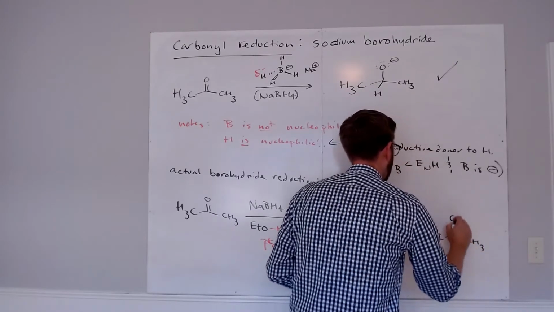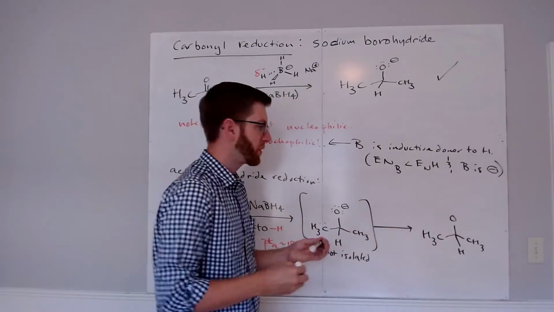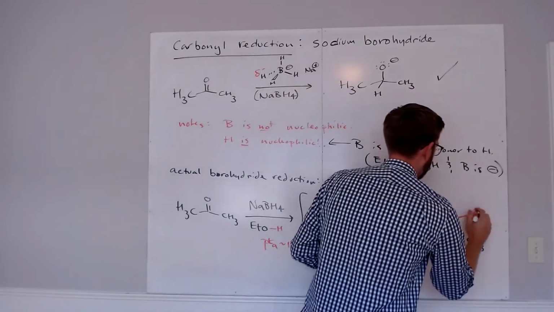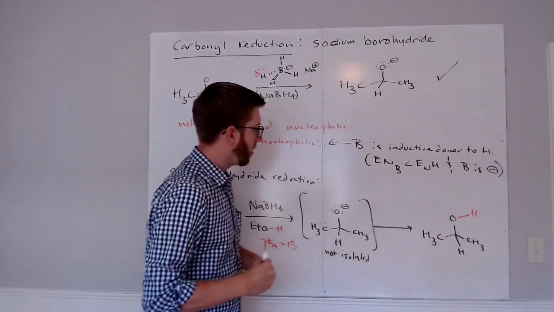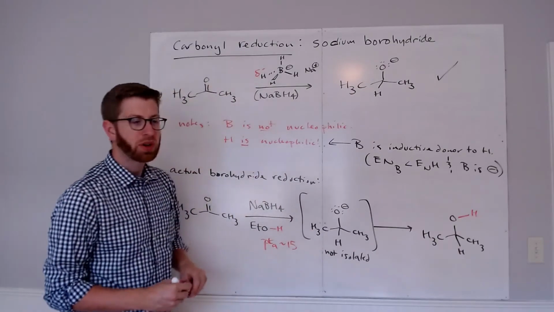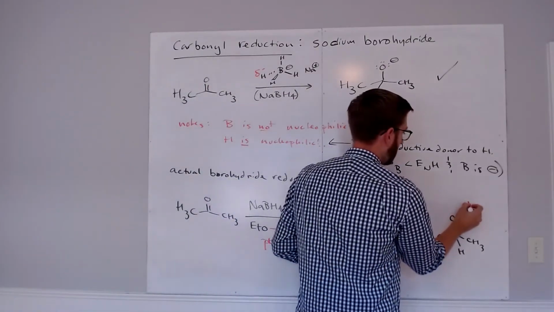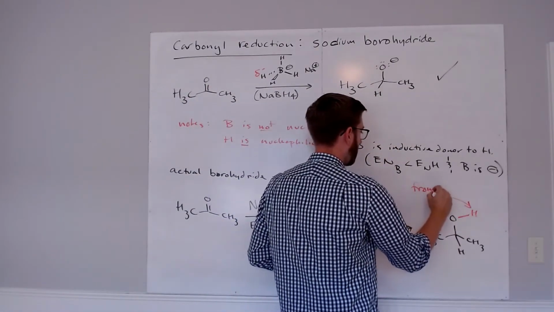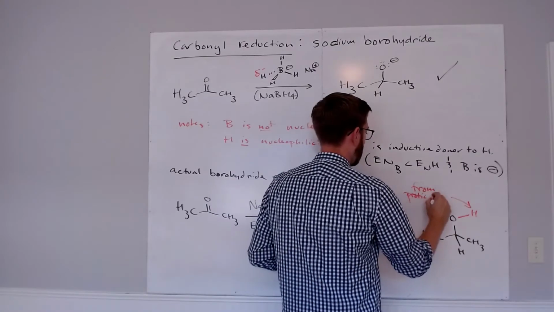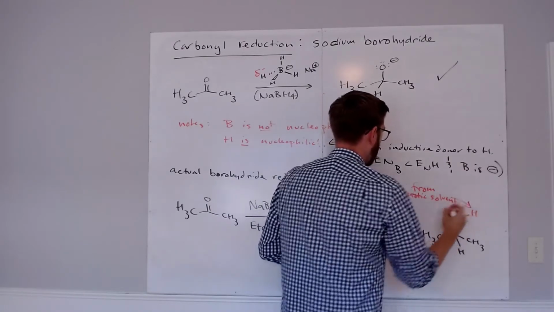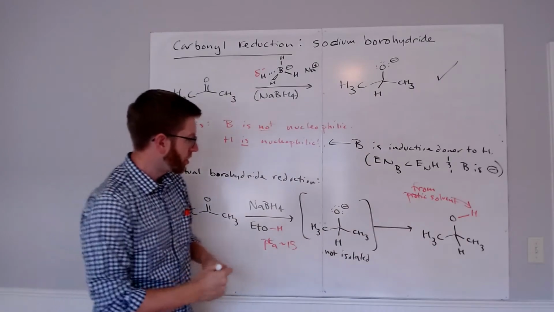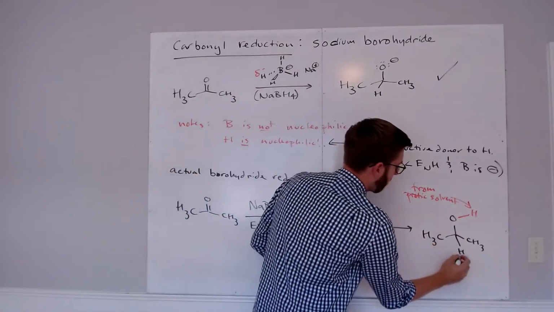So we're actually getting one hydrogen each from two different sources. We're getting our OH hydrogen from our protic solvent. And we're getting our CH, so this one here, from our BH4.